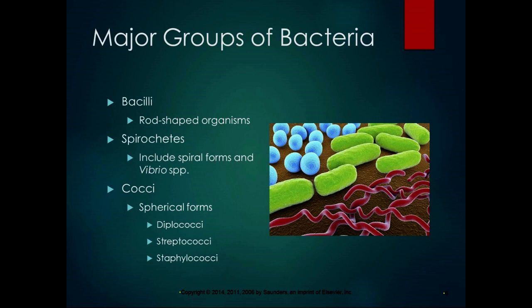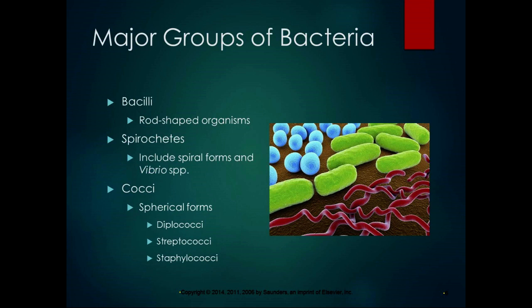The major groups of them are classified by shape. Bacilli are rod-shaped, so they're the little green ones in the middle there. Spirochetes are spiral forms. Cocci are spherical forms, so you get individual ones.